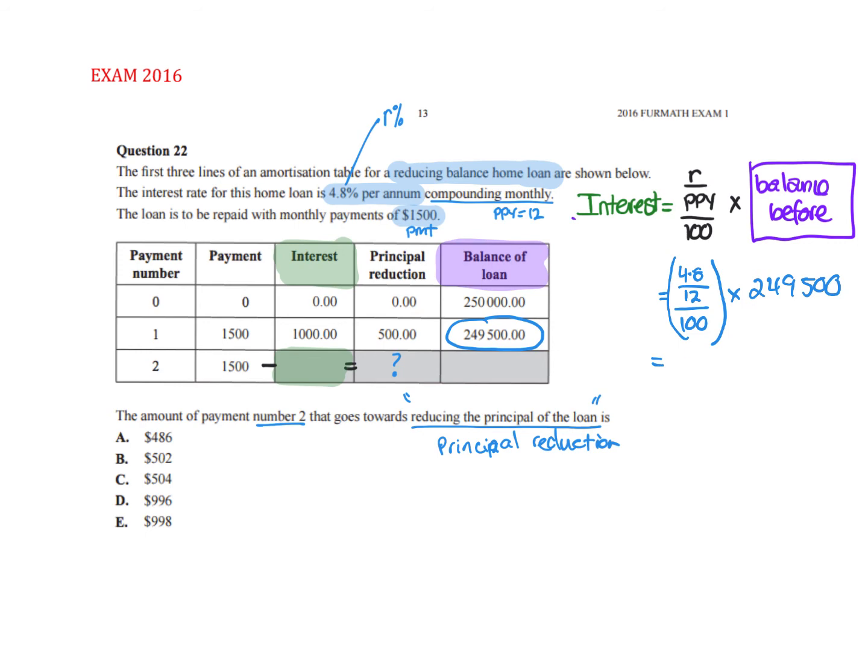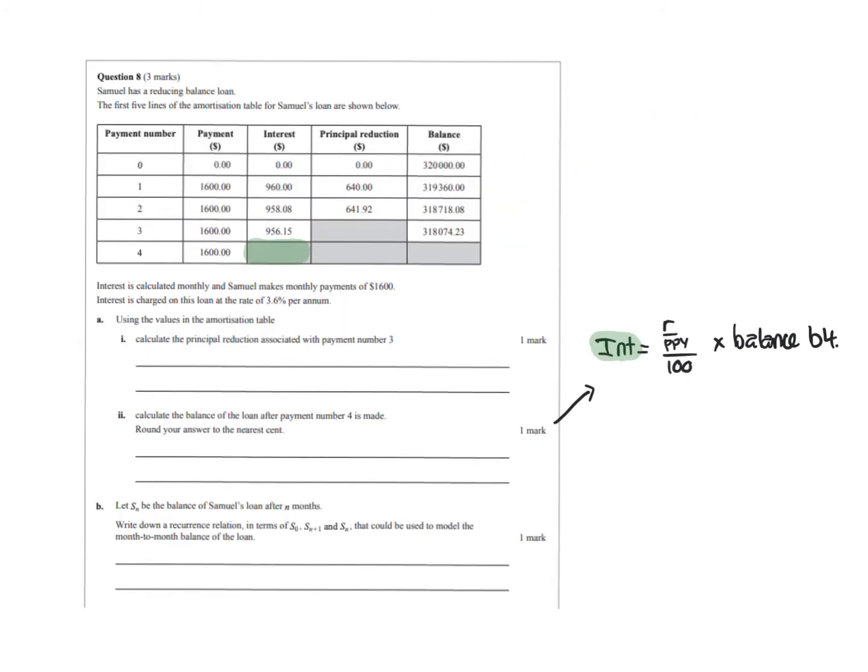Okay, so we get 998 is the interest. But remember the question is the principal reduction. So we do 1,500 minus 998, we get 502. So what is the amount it's going to drop by? It is B, 502.